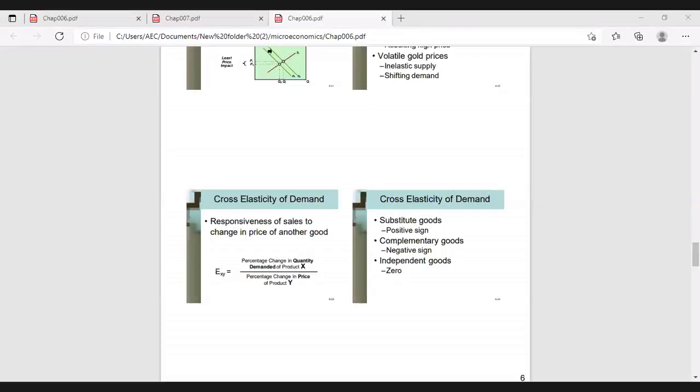Cross price elasticity may be useful for companies and also for the government. They will use this elasticity. Some companies produce different products. For example, the Coca-Cola company produces Coca-Cola and Sprite.